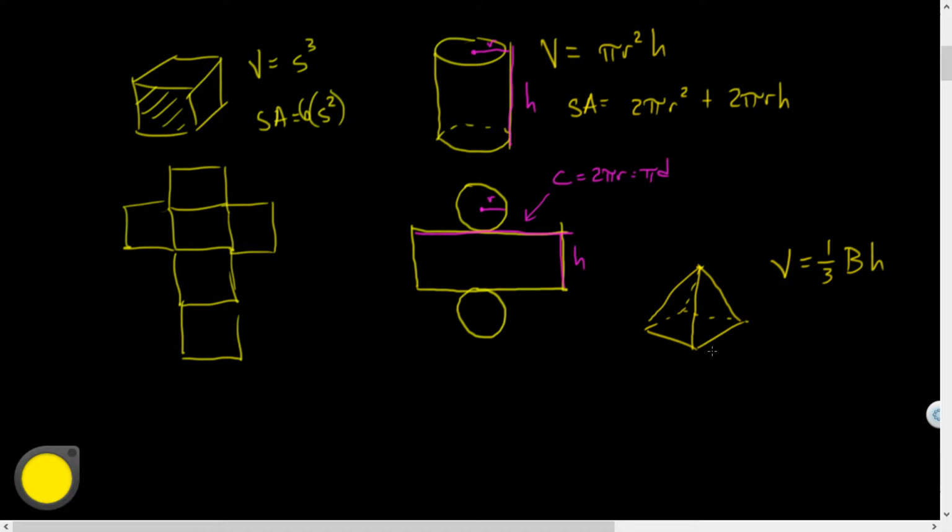What would the net of a pyramid look like? If you have space anywhere on your packet, draw for me a net of a pyramid. I'll walk around and check it out.